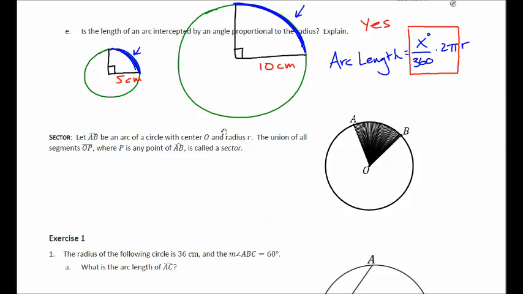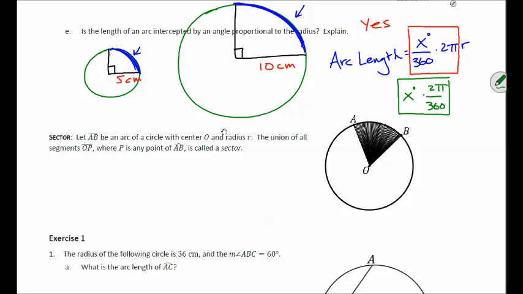And that is the constant of proportionality. If I can rearrange this a little bit, I'll write this as x degrees times 2 pi over 360. I'm just shifting over the dividing by 360 to be under 2 pi.